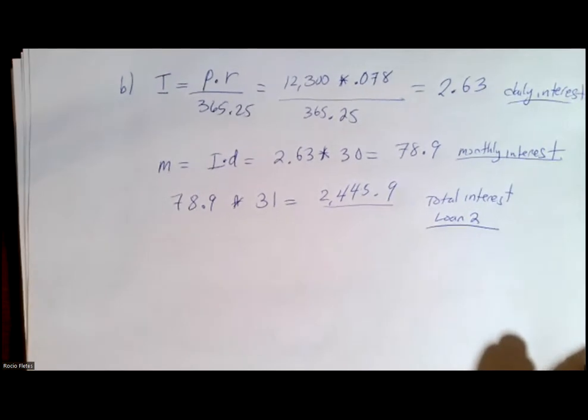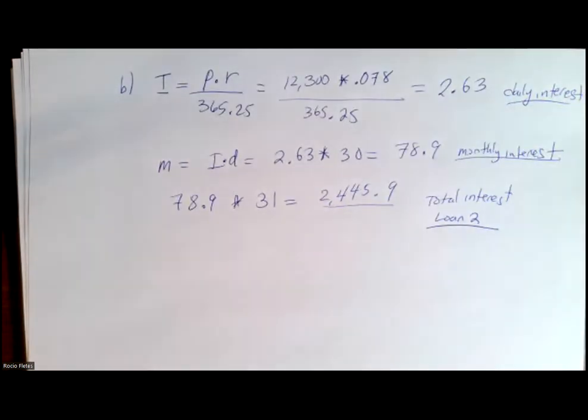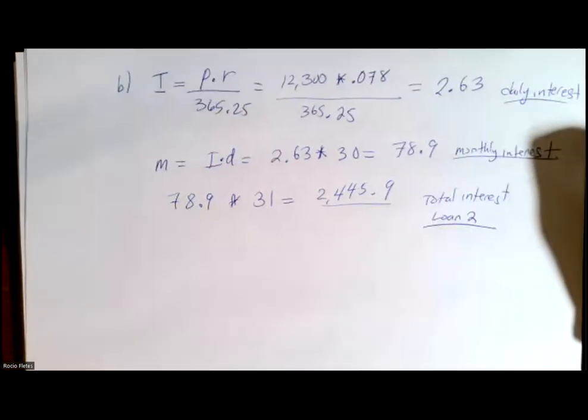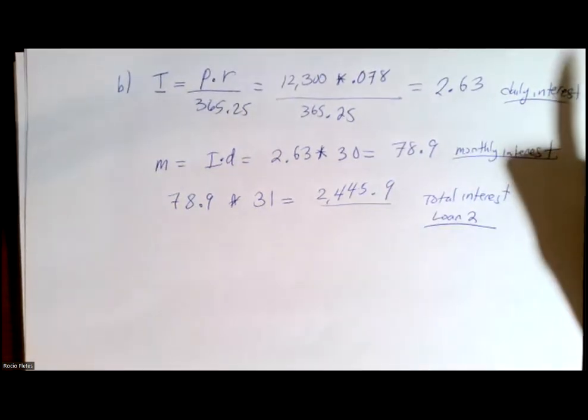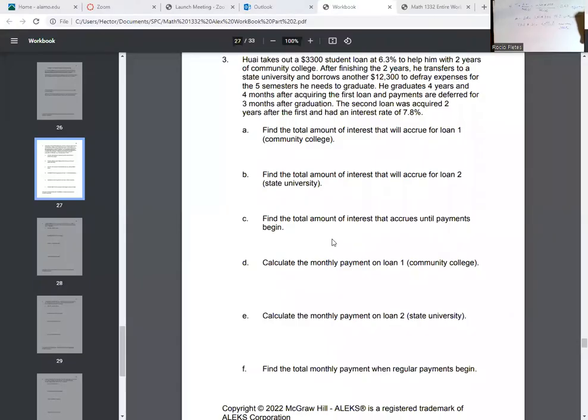Okay. And so let's take a look at the workbook now. What is the next question? C, find the total amount of interest that accrues until payments begin. Okay, well here you have to add the total interest for loan one and loan two.